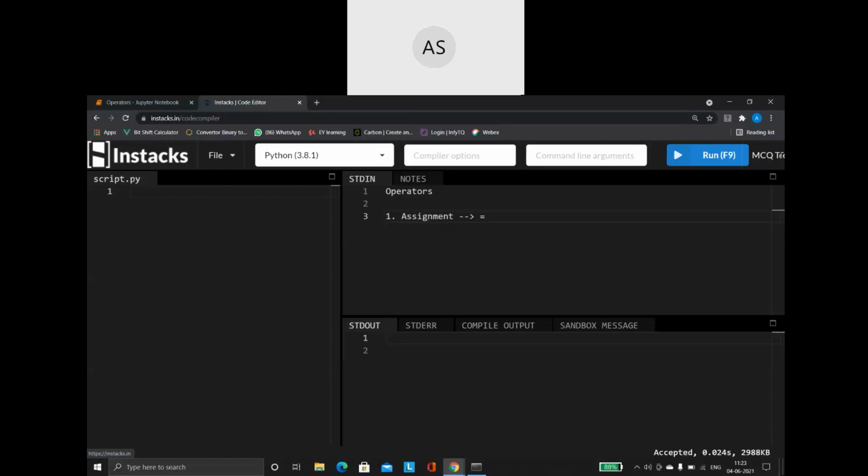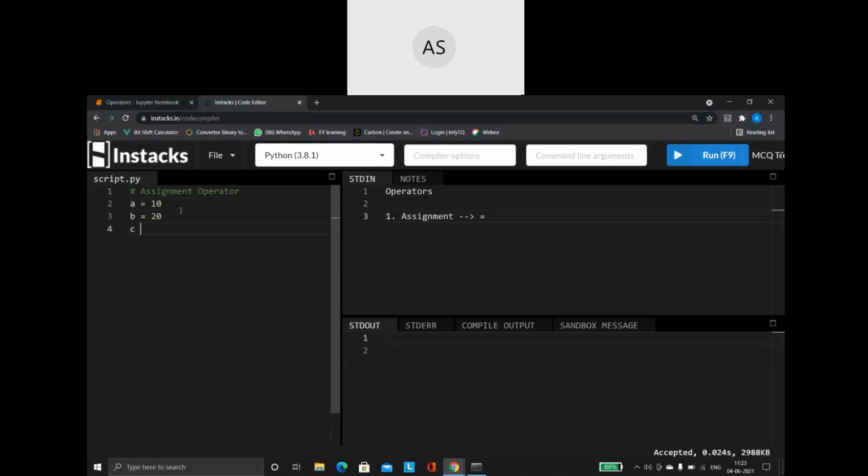You are already familiar with how to use it, because that is what we have been doing so far in all of our programs. We use it to assign some values like this.